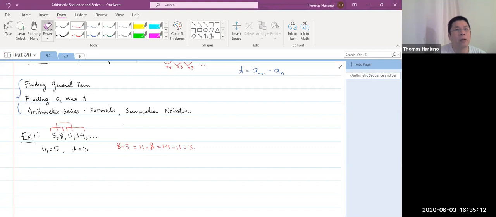Now, we will develop the general term formula. Instead of going to the formula, let's do the example. Let's see from this example first. Notice that the first term is 5. For the next term, I add 3. So the second term is 5 plus 3.